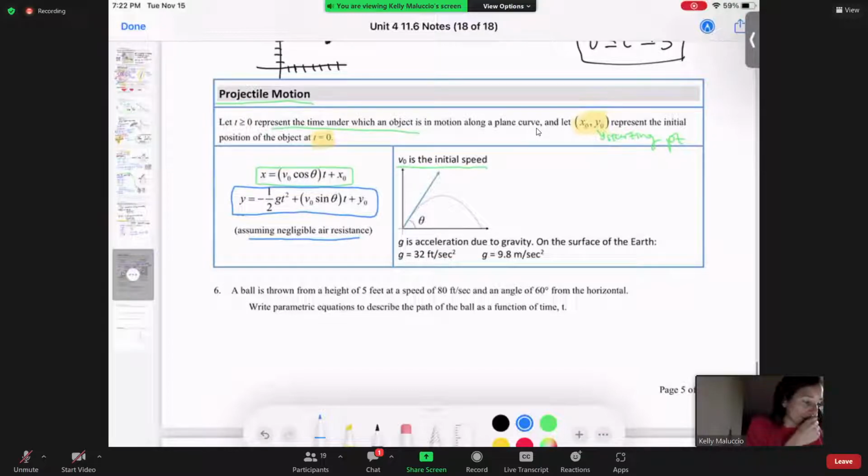So we can take a look now. And they show you this initial speed. So say the speed is this, and the motion is this, and theta is the angle at which the direction of the ball is moving at that moment.